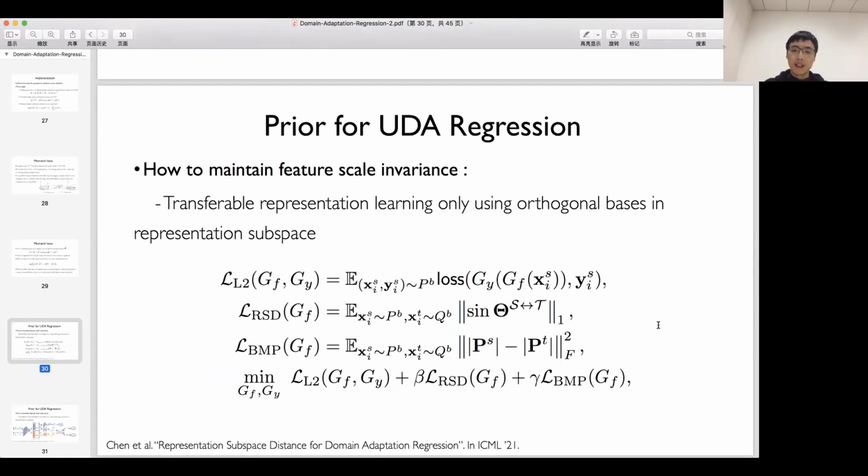Okay, we just use the cross-validation method from domain adaptation. In the domain adaptation literature, we always have cross-validation methods which consider the distribution shift of source and target. For example, we can use importance weighted cross-validation.